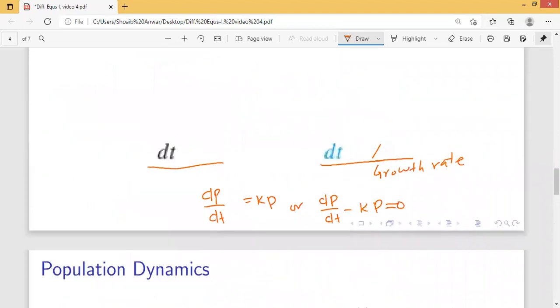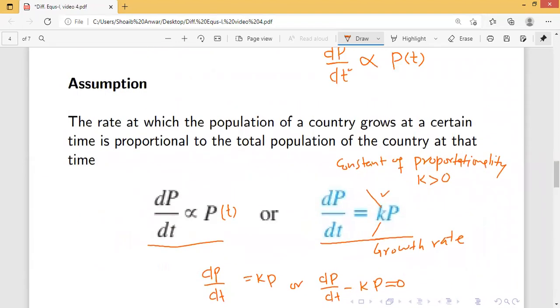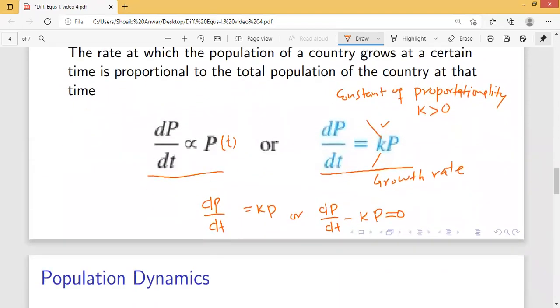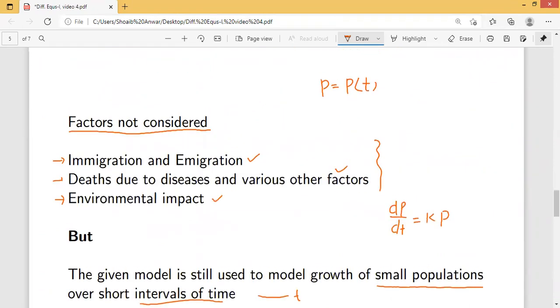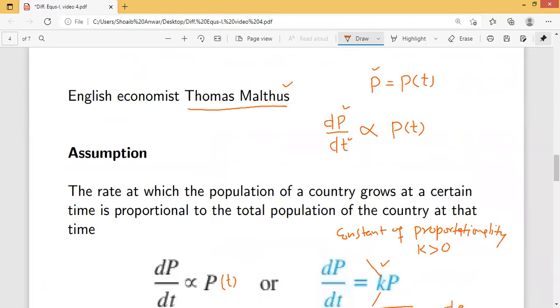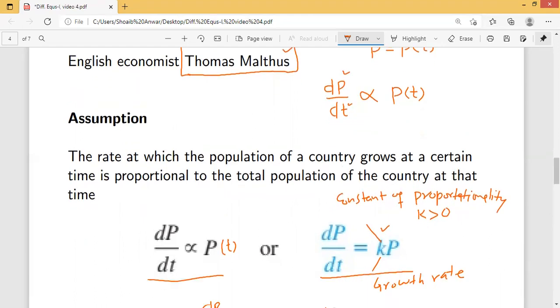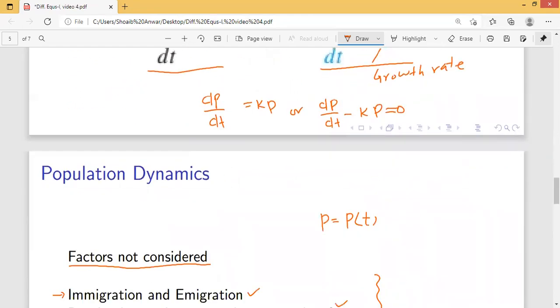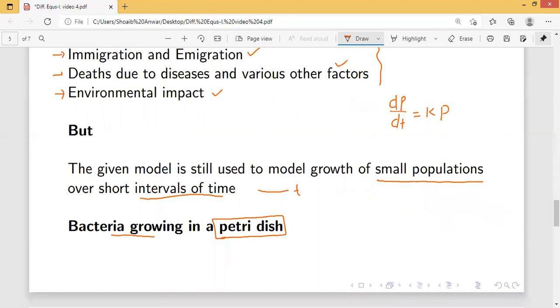But overall, the prediction of a population in a region or a country is not accurately determined with the Thomas Malthus model. For that, many other population dynamics models are presented in the literature and can accurately be used for the prediction of the population of a certain region over a specified interval of time.